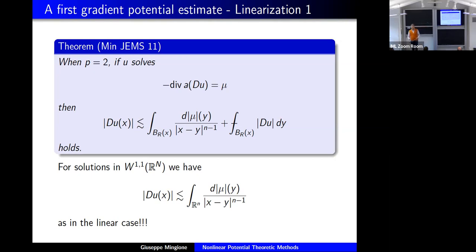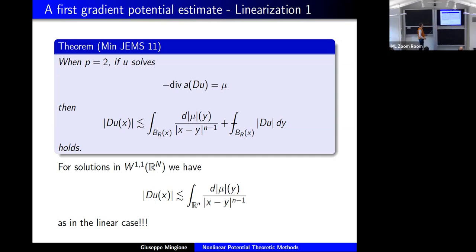So the outcome is that the whole gradient theory of these equations for p equal to 2 is completely trivialized, because if you want to know in which space the gradient belongs to, depending on data, then you simply look at the Poisson equation and there's no difference whatsoever.